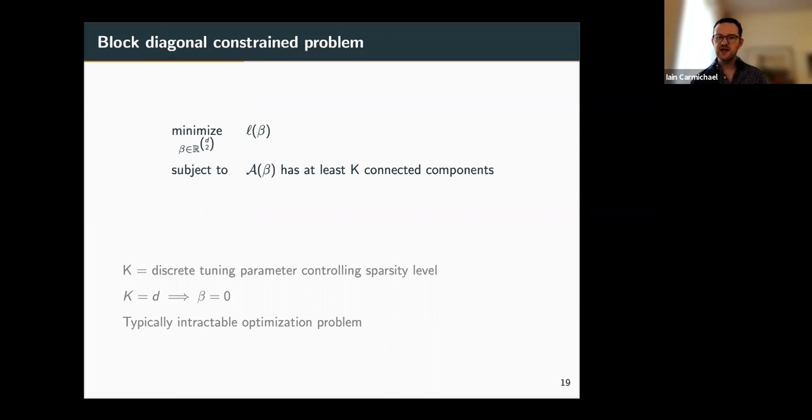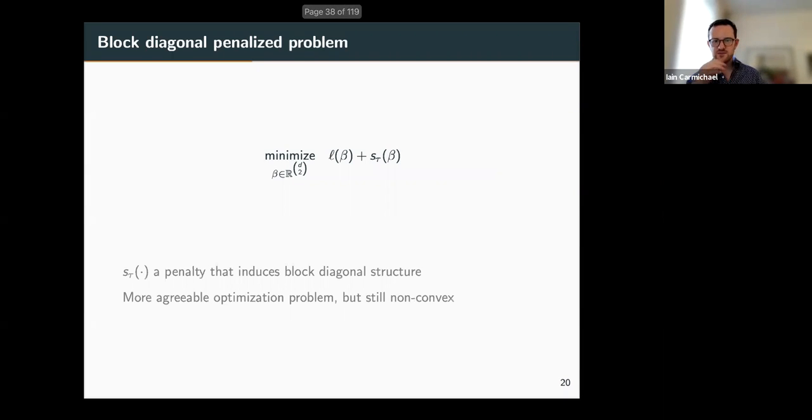And so here k, of course, controls the level of sparsity, and setting k to be larger means that we have a more sparse solution. So if k is exactly equal to d, the number of nodes in the graph, we get the zero vector. So of course, we probably can't solve this problem. So we're going to solve some penalized version, where S is going to be our Laplacian penalty.